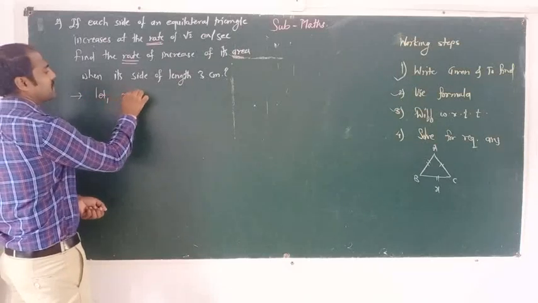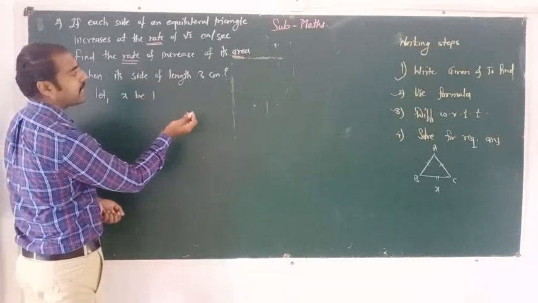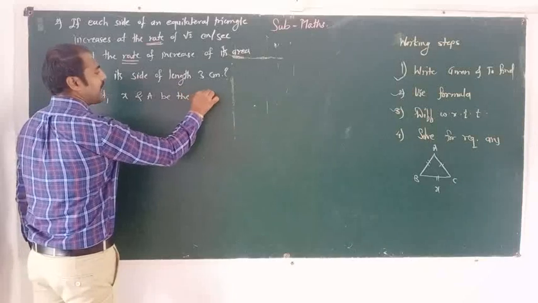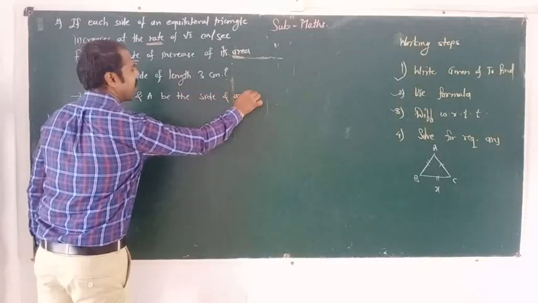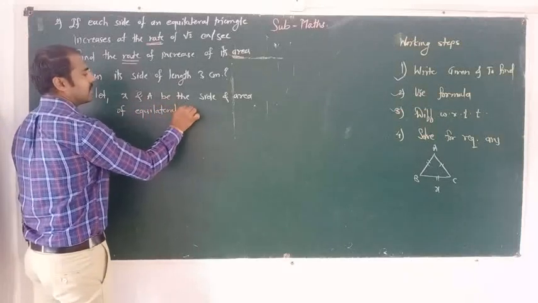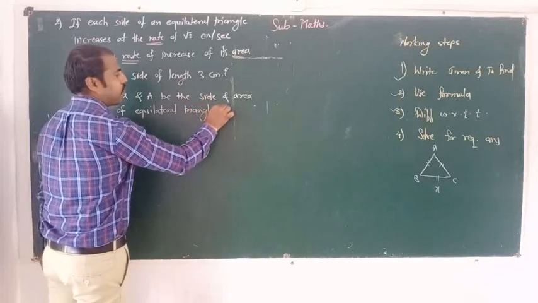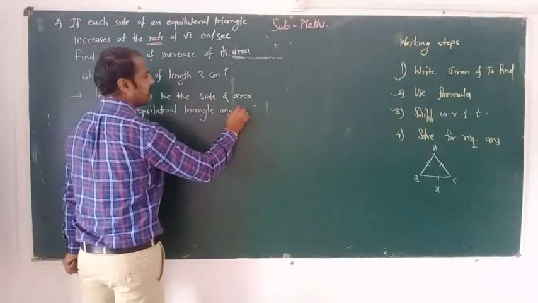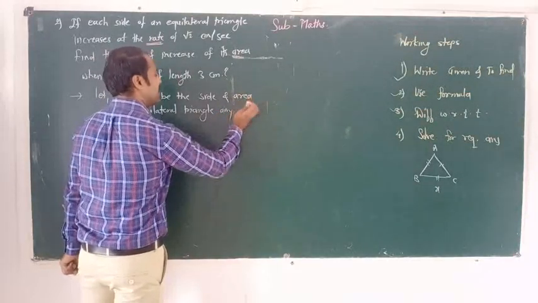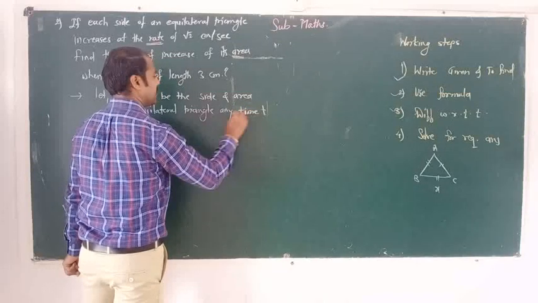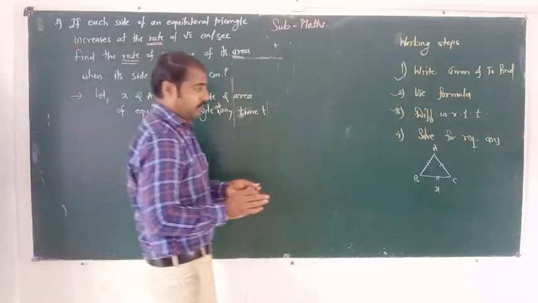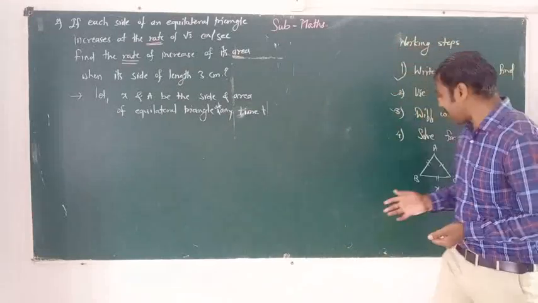Let x and capital A be the side and area of the equilateral triangle at any time t. Now if side is increasing, then its area is also increasing.